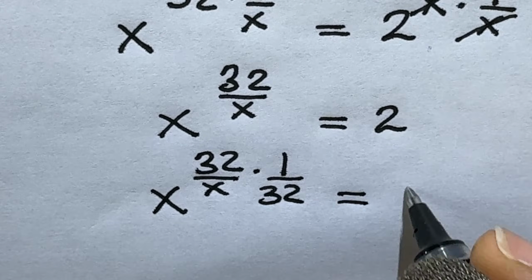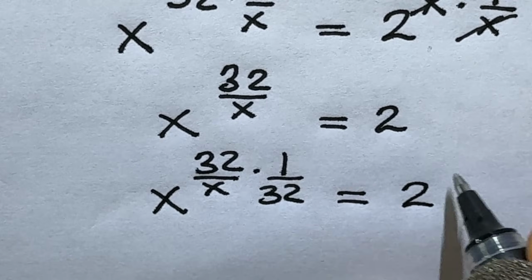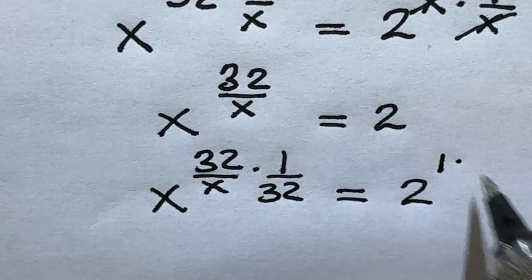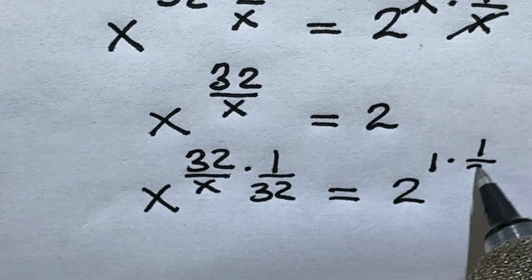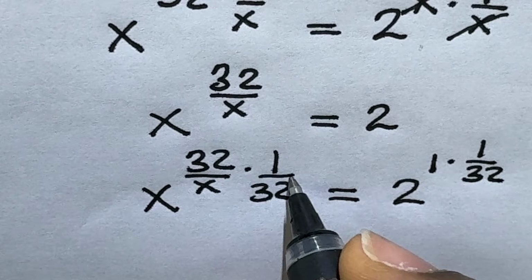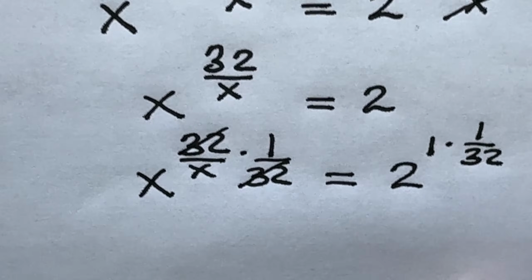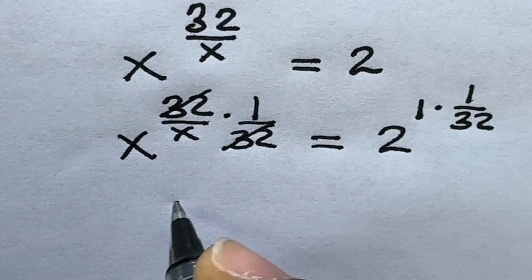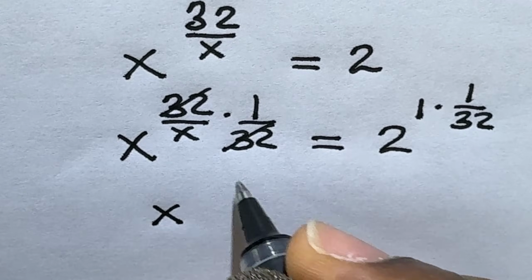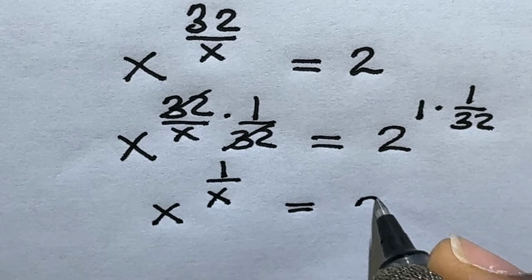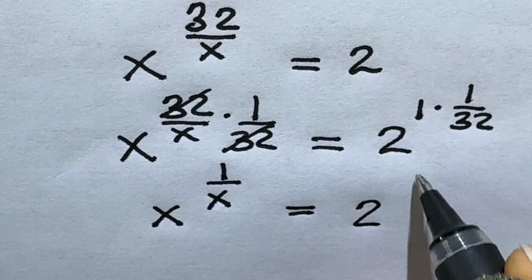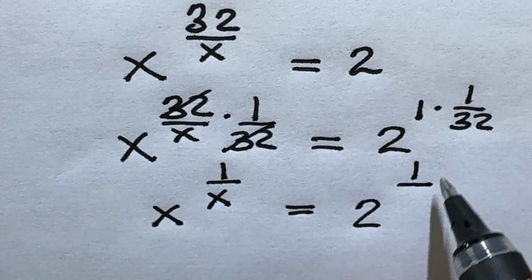We'll do the same thing to the right. 2 here is the same thing as saying 2 raised to power 1, then times 1 over 32. This cancels this. Then we have x raised to power 1 over x is equal to 2 raised to power 1 times 1 is 1 divided by 32.